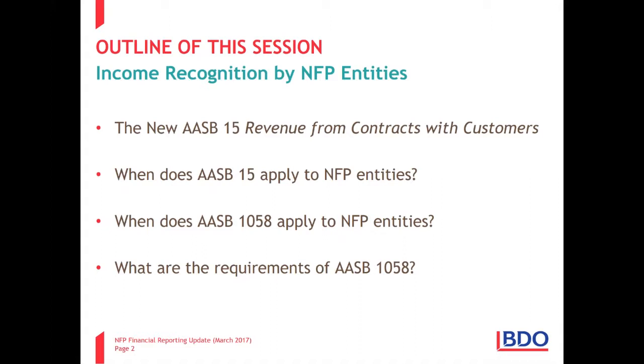However, in December, the AASB have issued amendments to AASB 15, which is discussing the application of AASB 15 in a not-for-profit environment or not-for-profit industry. So a huge development, and one should compliment the AASB for the work they've done in that space.